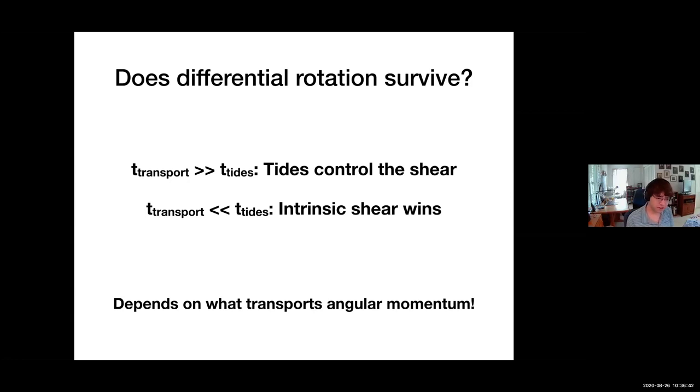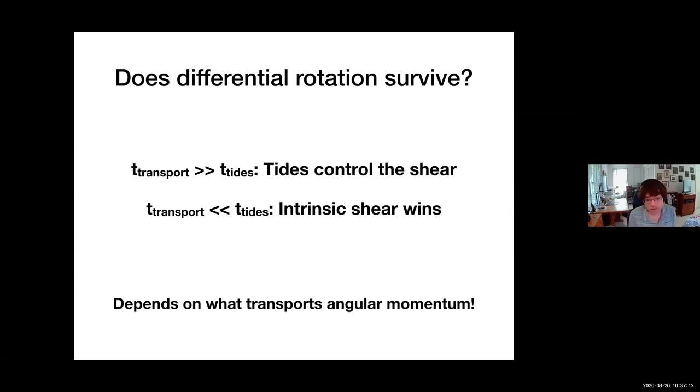So if you think there's a characteristic timescale for some transport process, and that's what generates the differential rotation, then I think the answer to the first question is just set by basically how that timescale compares to the tidal synchronization time, right? So if that timescale is very long relative to synchronization, then the tides act quickly, much faster than whatever the star is doing can react, and so the tides control the shear.